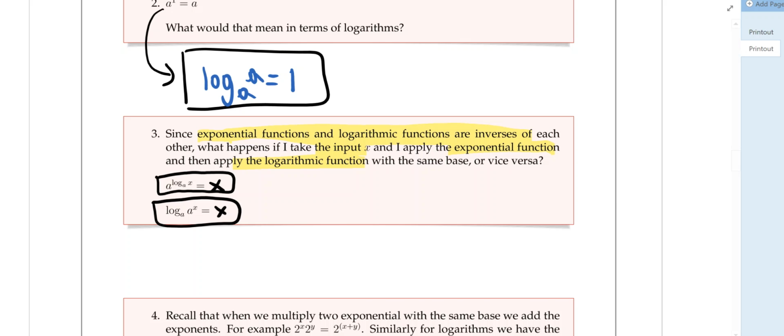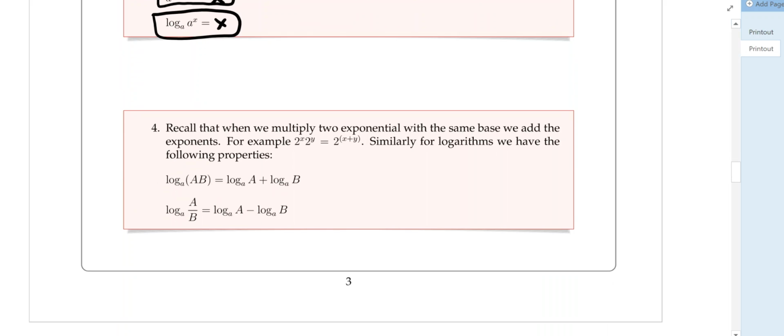Okay? Now, we had rules that told us that when you have, for example, 2 to the x times 2 to the y, we keep the base and we add the exponents. Similarly, we're going to have rules for logarithms. So when I have logarithm of base a of a quantity big A times big B, then this is going to turn into logarithm of base a of the first quantity plus logarithm of base a of the second quantity.